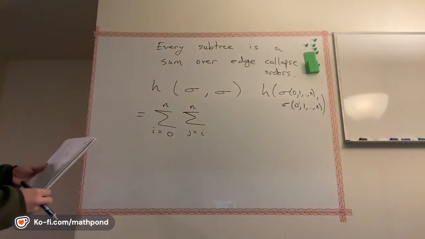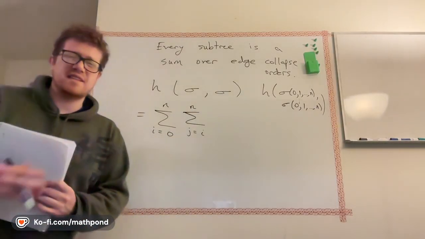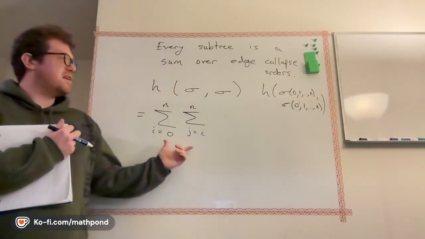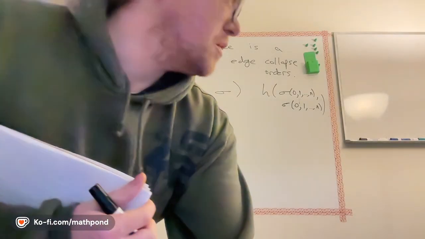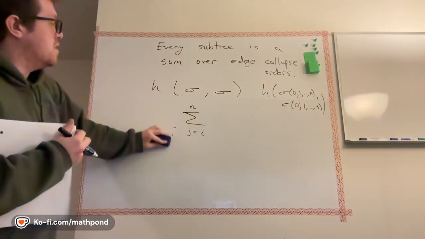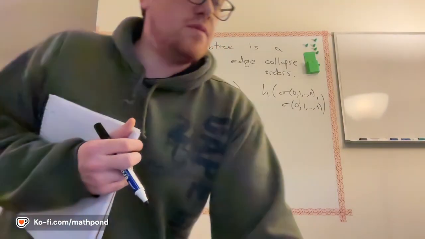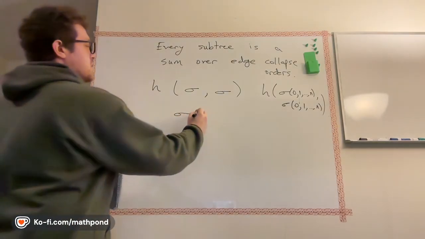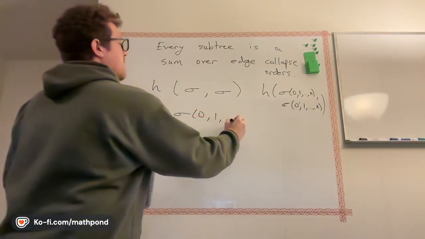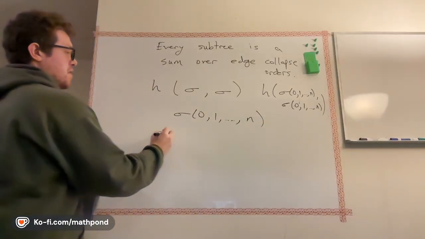Actually, you know what? Since I didn't write this down formally beforehand, I don't want to write it down incorrectly. Let me give you an informal definition, which is more visual, I guess. So we have sigma here, 0, 1, and so on through n. Then we have another copy of it.